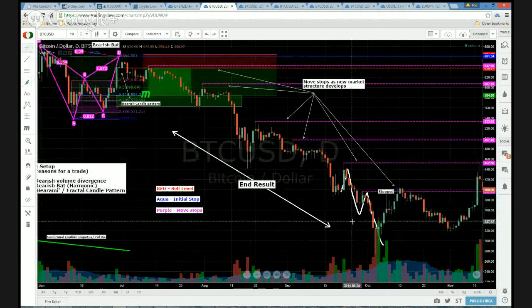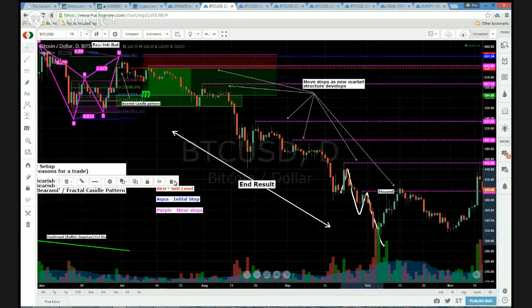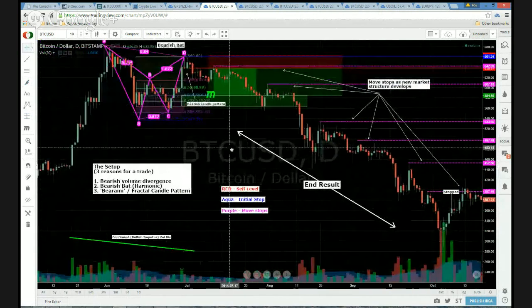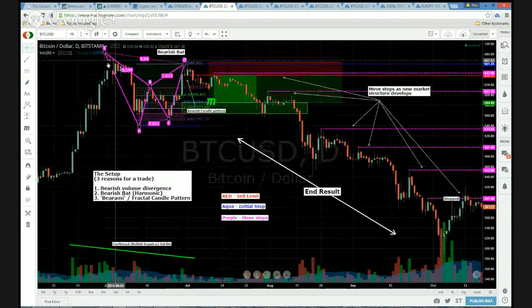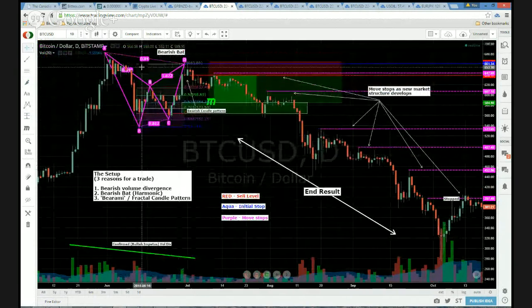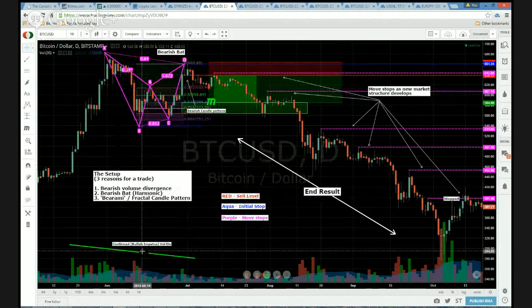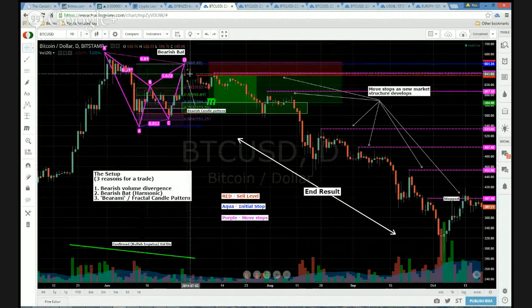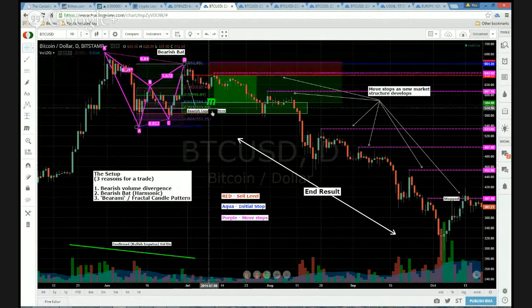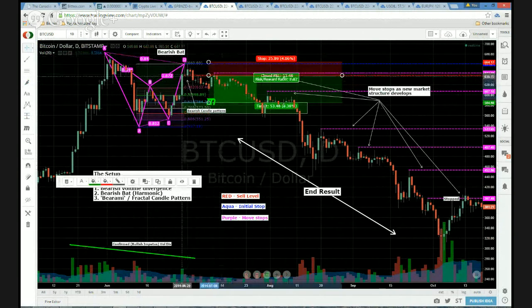So hopefully that gives you a good illustration of how a harmonic pattern, not Gartley, this one's a bearish bat, played out. How you can use the harmonic pattern in conjunction with two other signals to actually take the trade. How we only took the trade when we had a realistic 2-to-1 profit target.